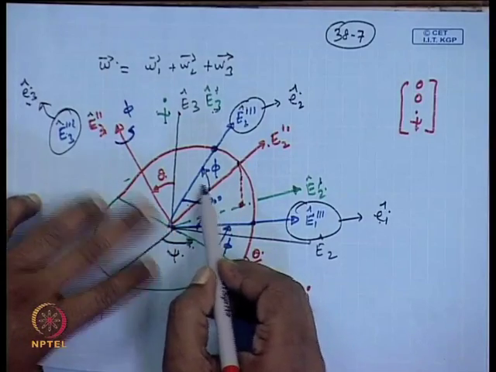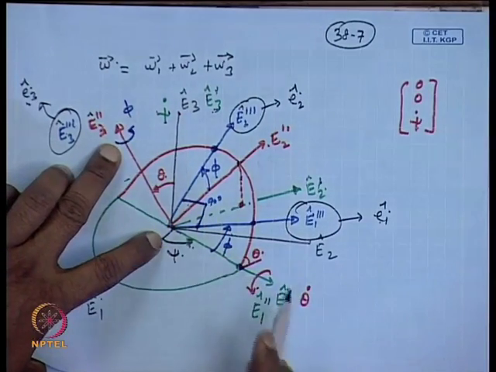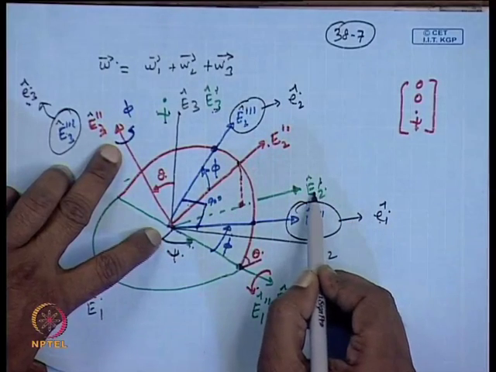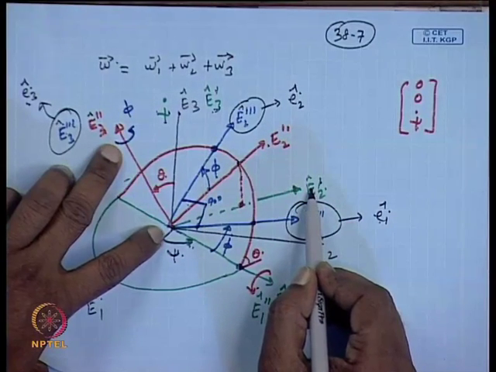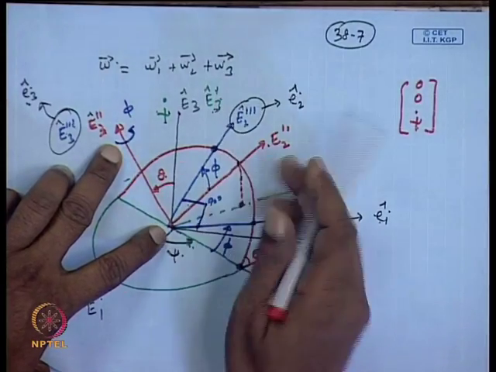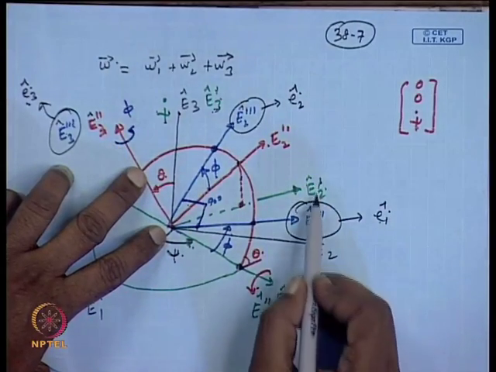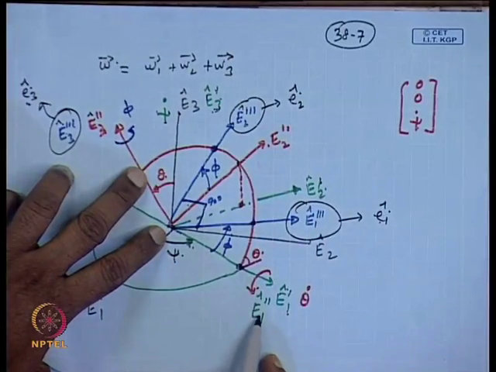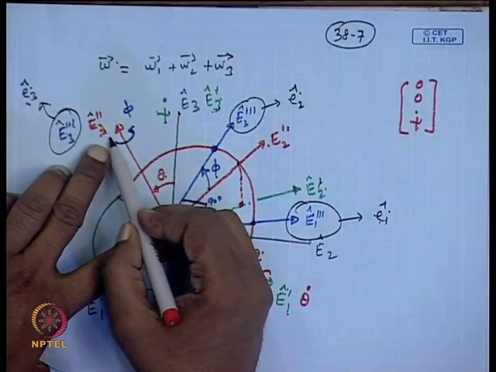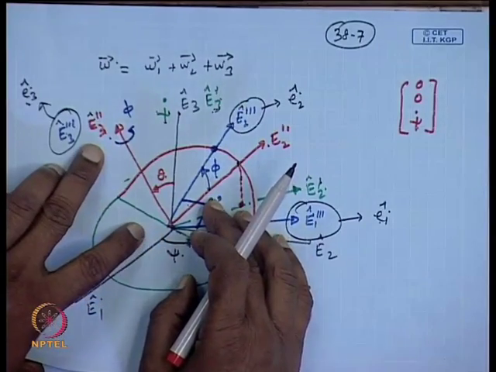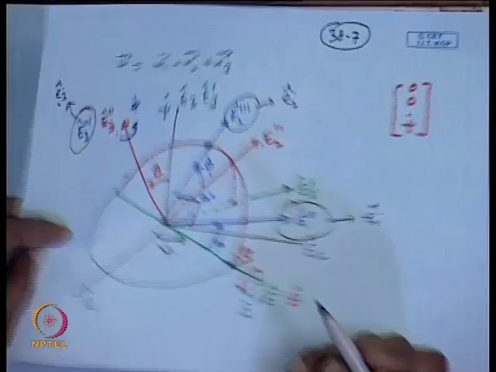So, it will get oriented with this E 1 prime, E 2 prime, this E 2 prime is here, and E 3 prime is here in this place itself. So, this will get oriented with the next one, E 2 double prime and E 1 double prime and E 3 double prime. So, this is one rotation required, and the next rotation required is by angle phi.